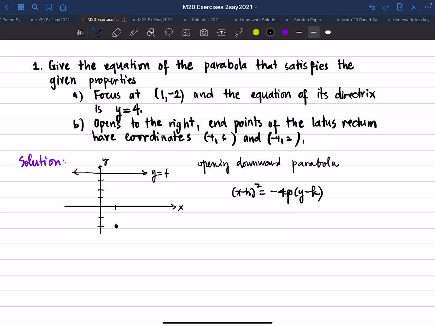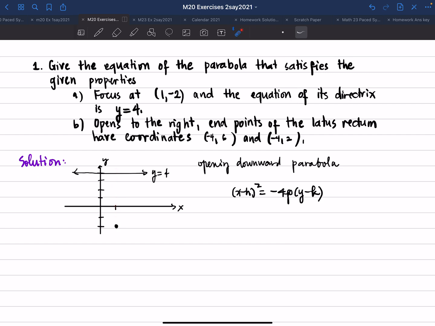Where (h, k) is the vertex of the parabola. And so what is the vertex of the parabola? So sabi natin, the vertex is in between, divided by 2. So, asan ang gitna nito? We have how many units here? 1, 2, 3, 4, 5, 6.